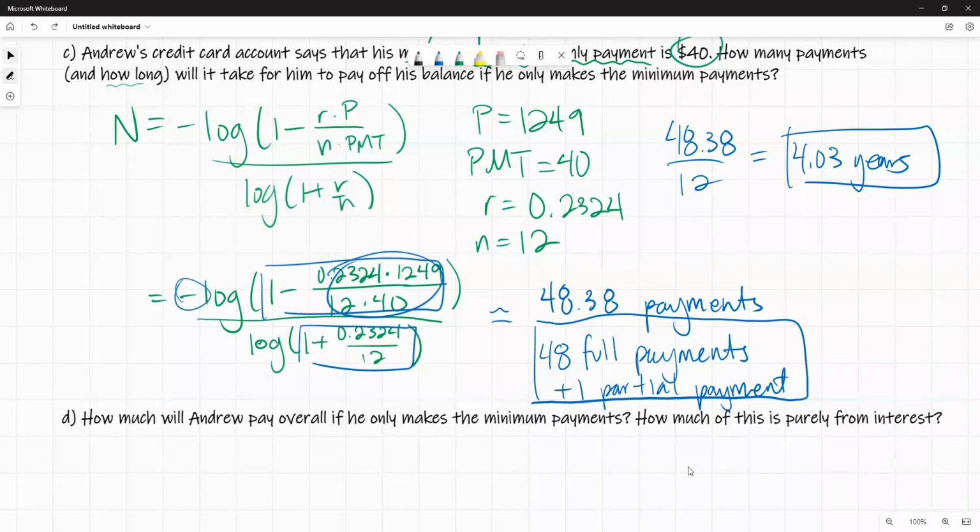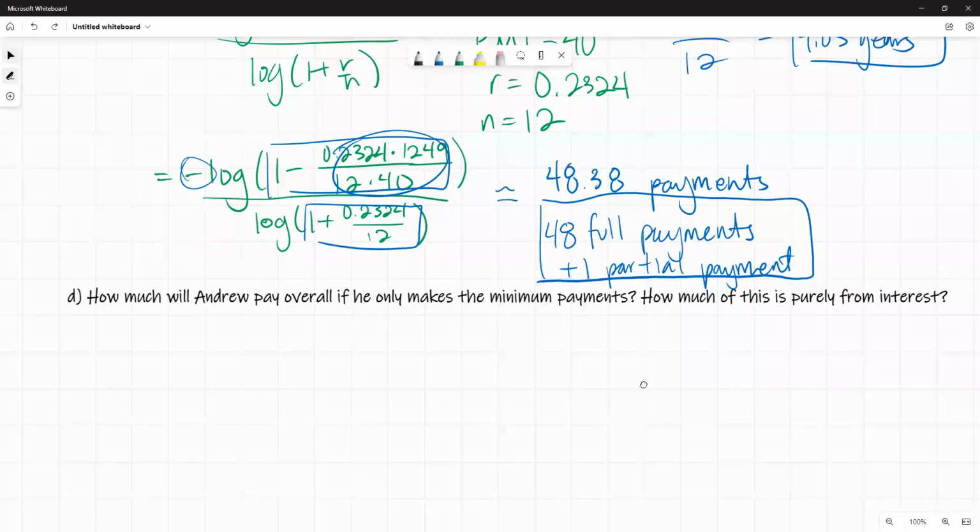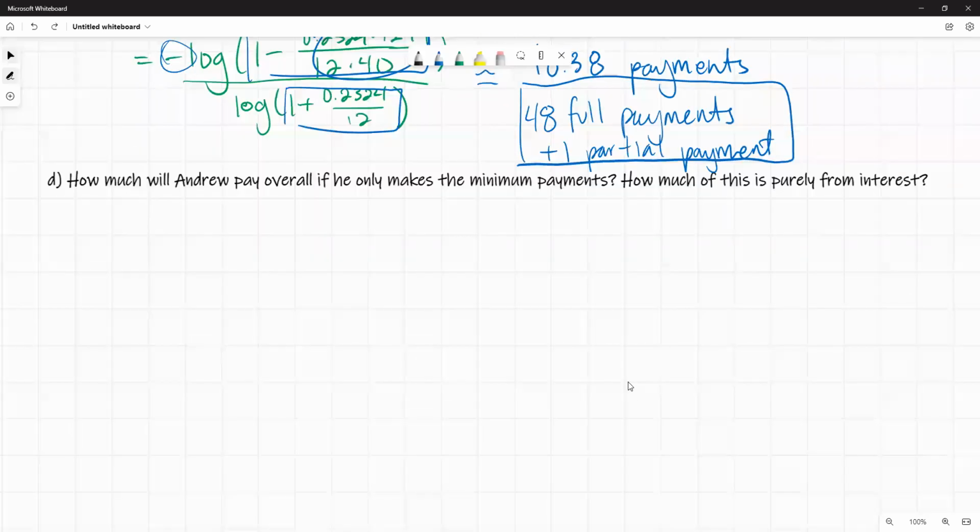Okay, so how much will Andrew pay overall if he makes only the minimum payments? How much of this is purely from interest? Well, we're going to need to find our total.